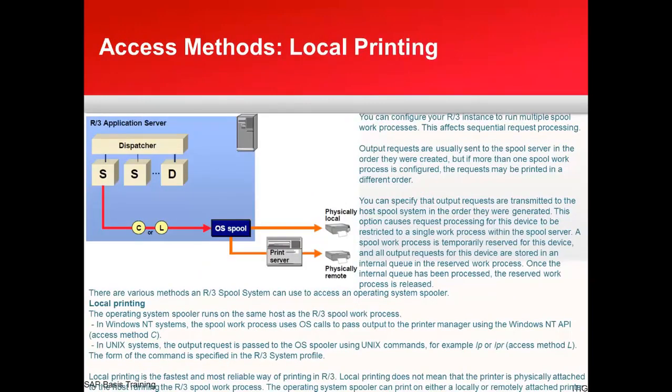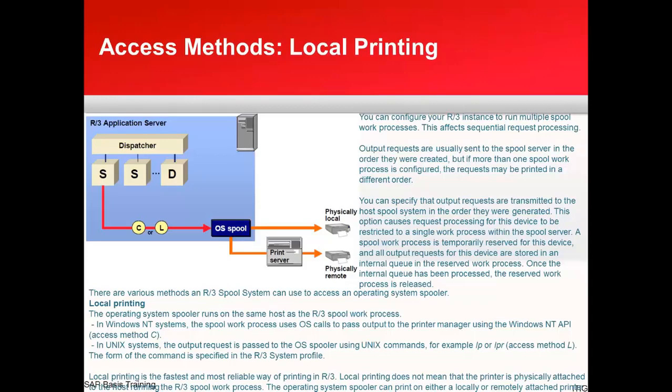Now, there are different methods to access the printers. There is local printing, remote printing, and front-end printing. In this particular slide, we are talking about local printing. You can configure your R3 instance to run multiple spool processes. In your profile parameter, you can define multiple spool processes depending on how many you require.